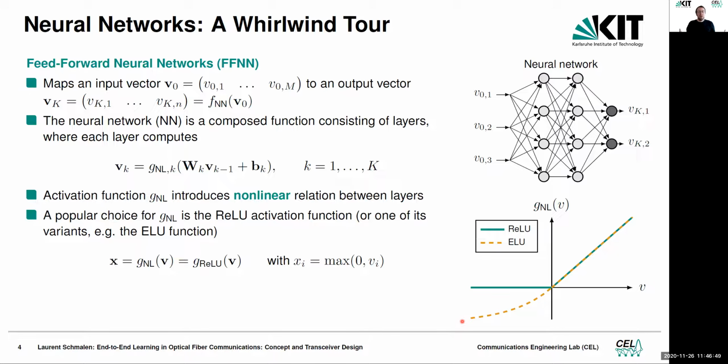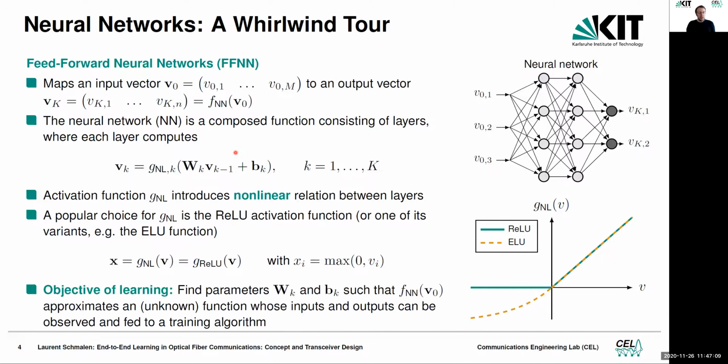And with this, you can approximate any system that takes an input vector and maps it to an output vector by properly choosing those matrices W and b. So all the expressive power sits in these matrices W and b, which you choose such that your neural network approximates a certain function. The objective of learning is to find those parameters W and b such that you optimize an unknown system.